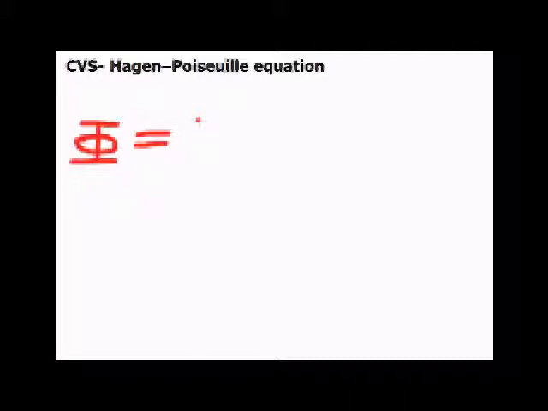So the first line of the equation on the left is the notation for flow, and flow is in volume per second. One way of knowing that is area multiplied by velocity, and that will give you the flow.